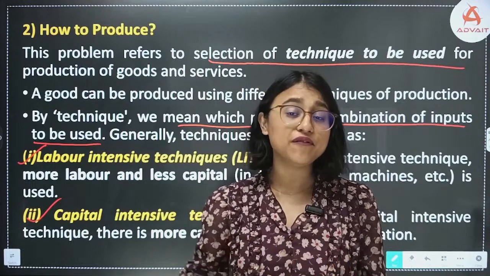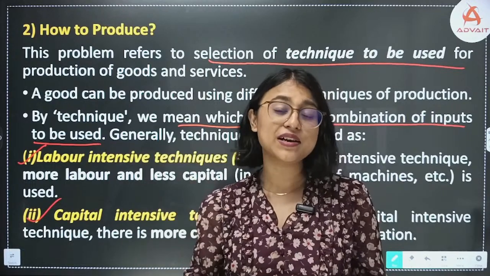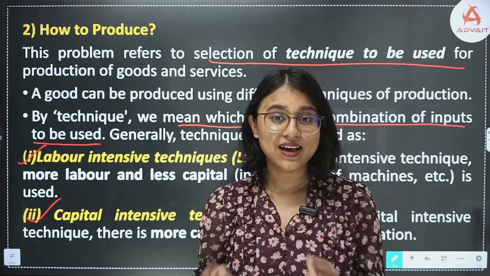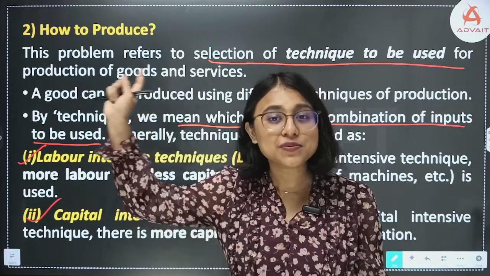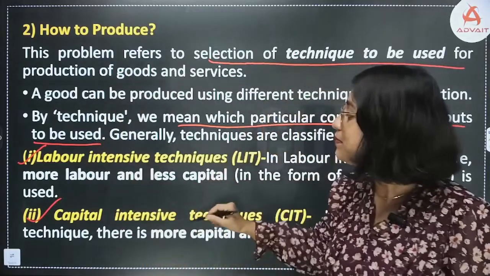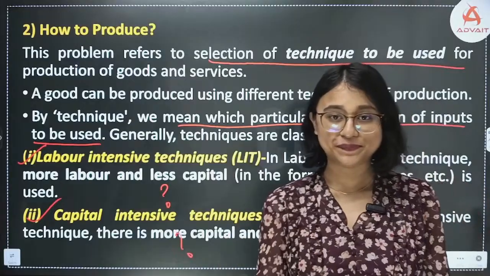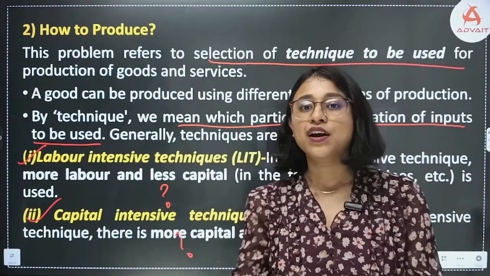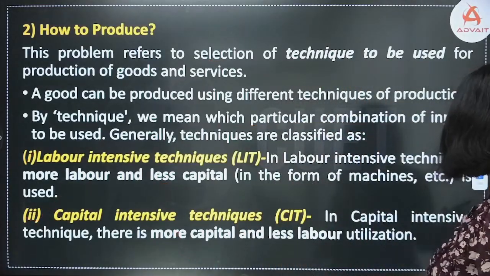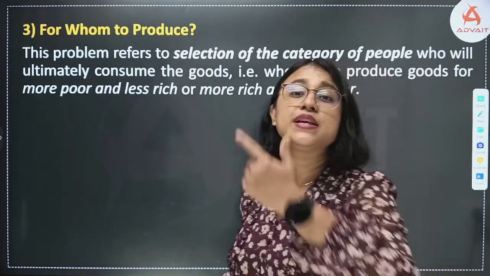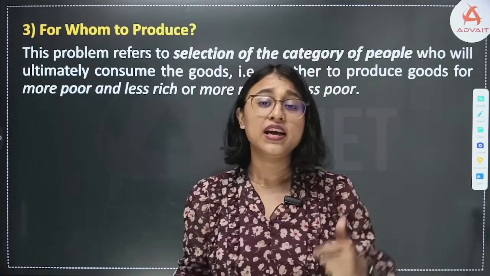And if we use more capital, less labor, it will be capital intensive production technique. I hope this much is clear, and this problem involves choice between which technique of production will be used. Clear?